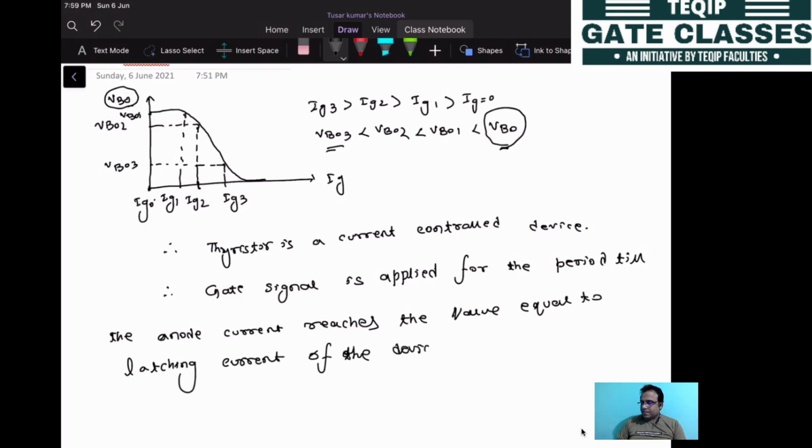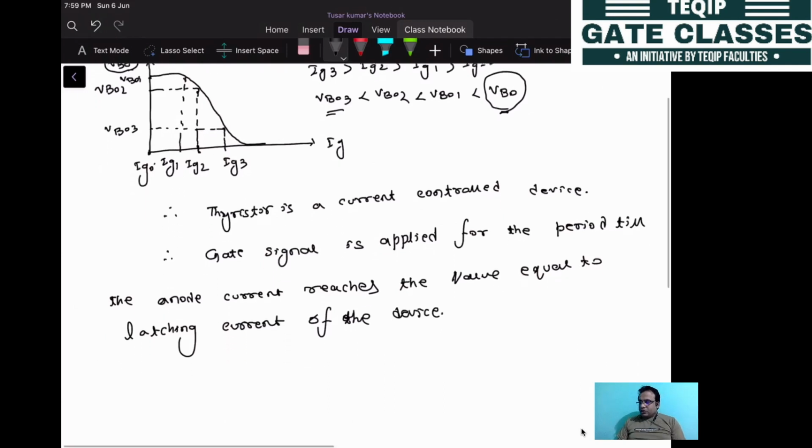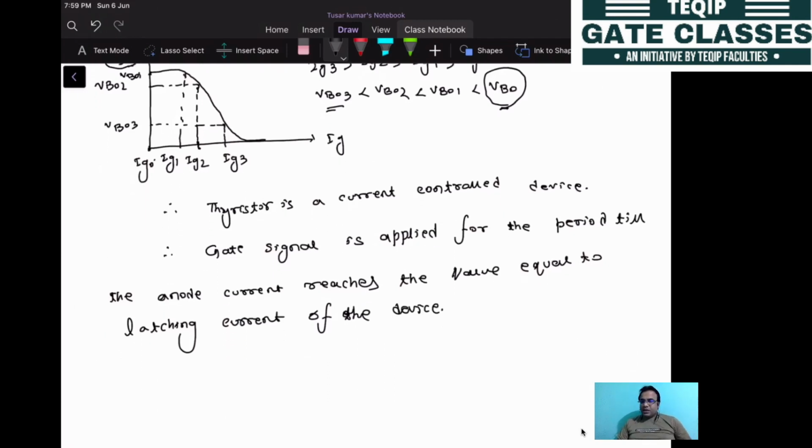Up to that period the gate signal will be applied. Then you can remove the gate signal.